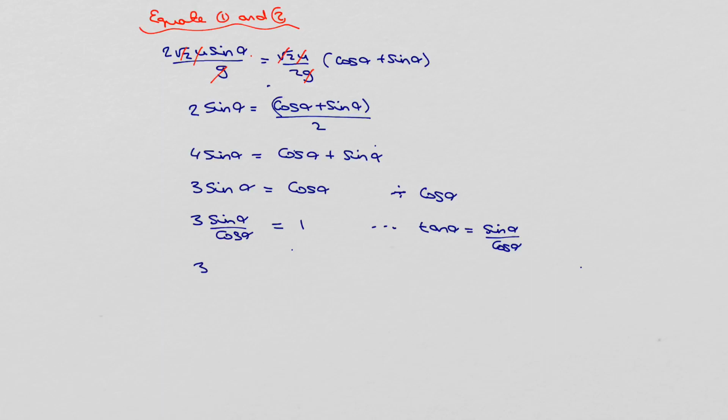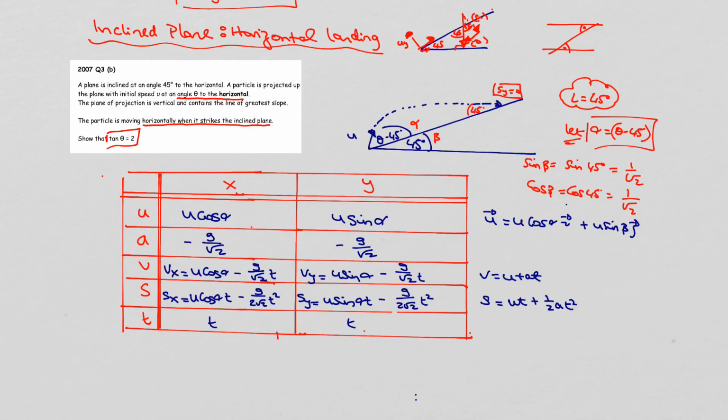So therefore that's 3 tan alpha equals 1. In other words, tan alpha equals a third. Now, this is where we start to look at what is it that I'm trying to get. Because clearly that's tan alpha equals a third. And if I go back to the question, I can see it's tan theta equals 2. So this is where we now have to introduce the fact that alpha is actually equal to theta minus 45.